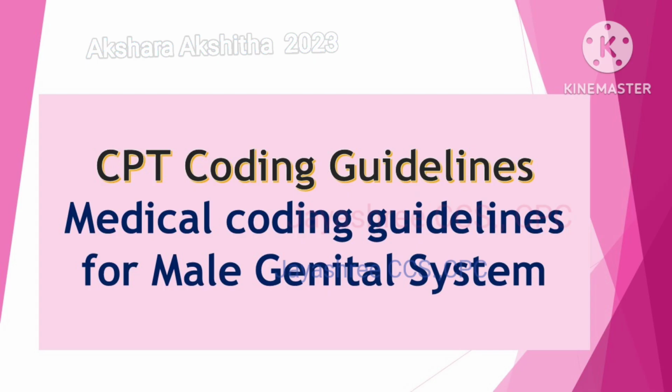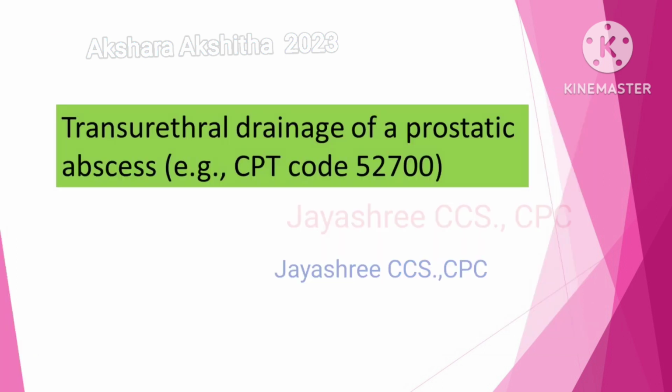Okay, first we'll go for the male genital system. Coding guidelines for male genital system. The first point is transurethral drainage of a prostate abscess. CPT code is 52700. This is a very minor procedure.